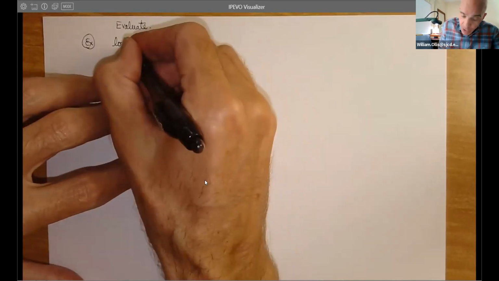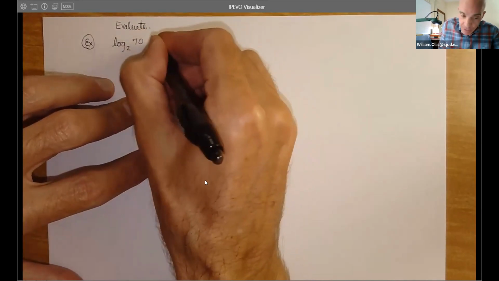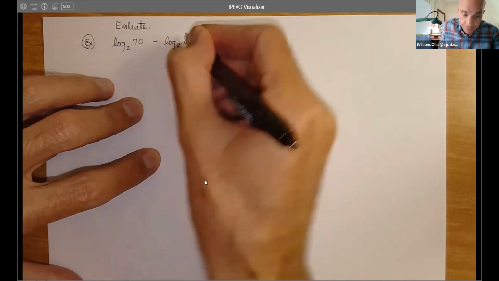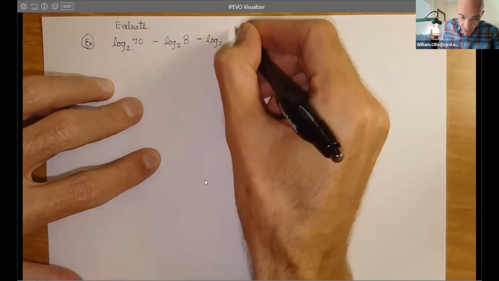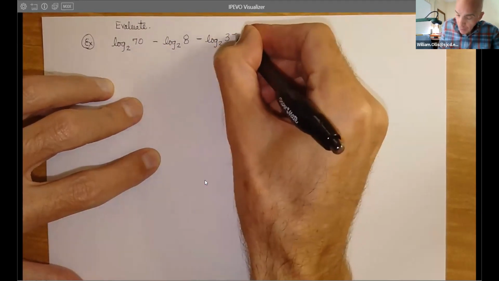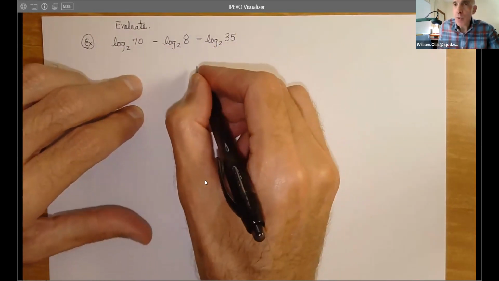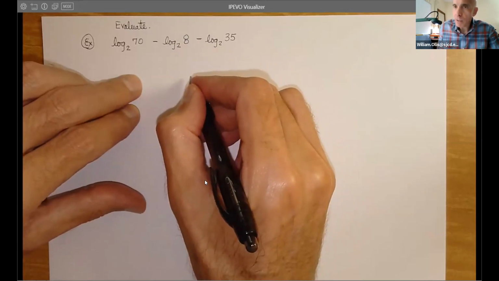So we have the base 2 logarithm of 70 minus the base 2 logarithm of 8 minus the base 2 logarithm of 35. The idea is we don't want to just run to our Google calculator and use change of base to compute this.